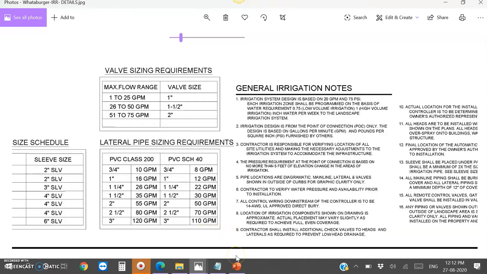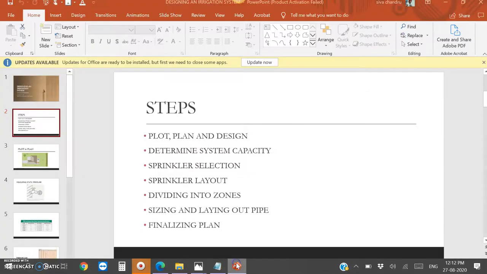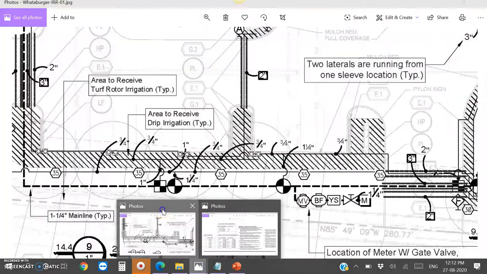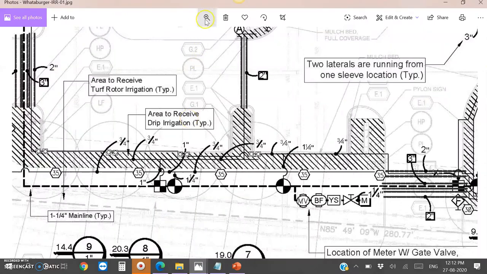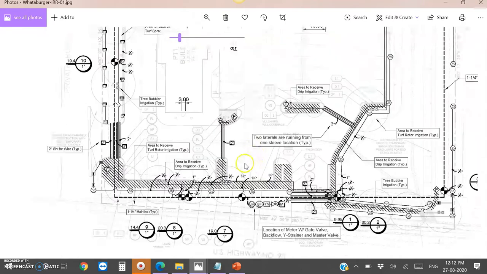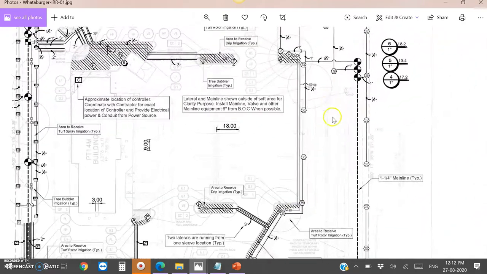So let's get into dividing into zones. I'm going to show you yesterday's design and how we have separated it into different zones.